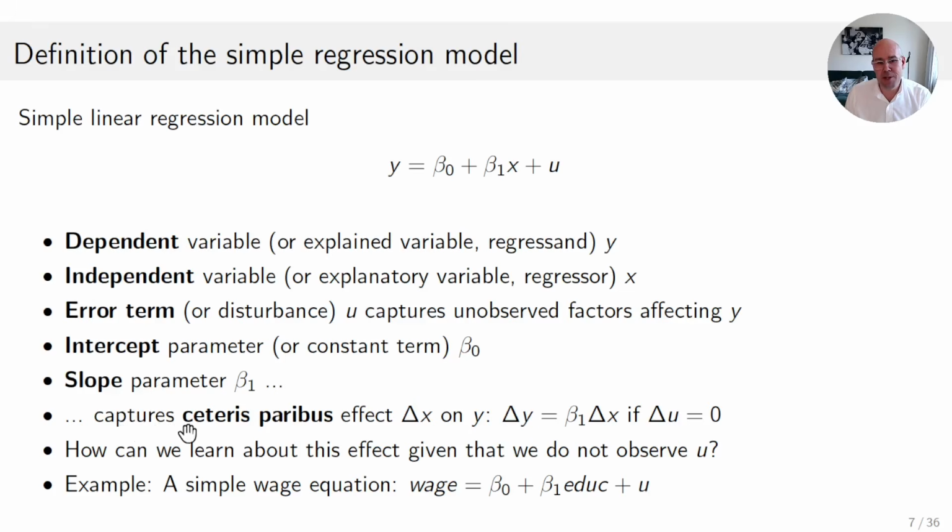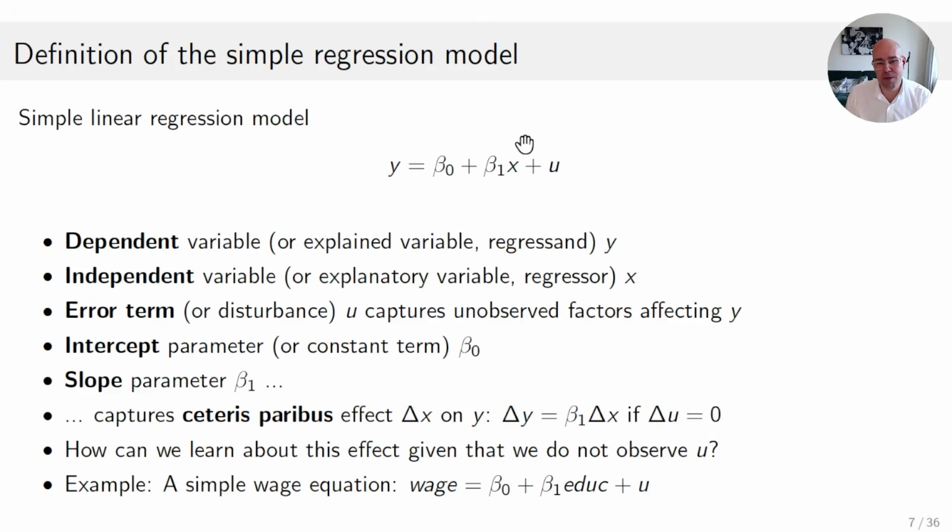And this one will actually capture ceteris paribus effects, because when you look at delta y and how it varies with delta x, then you see that delta y is equal to beta 1 times delta x, if delta u is equal to 0, right?